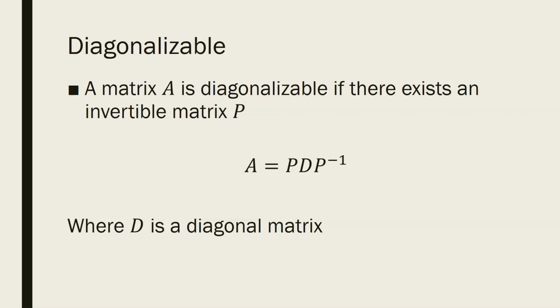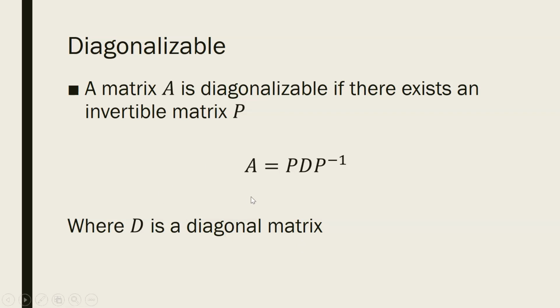A matrix is said to be diagonalizable if there exists an invertible matrix P such that A is equal to P times D times P inverse. In other words, A is similar to D, where D is a diagonal matrix.